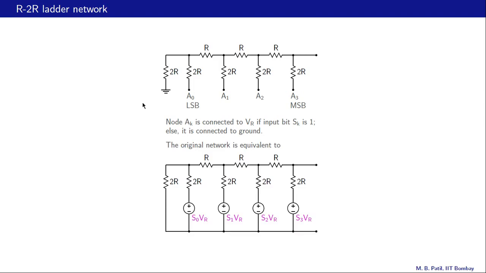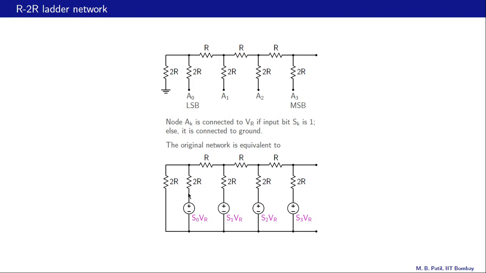We can replace this original network for convenience in analysis with this equivalent network, and let us see why the two are the same. This node, the ground node here, is the same as this common node. Now let us consider this node here, which is A0.